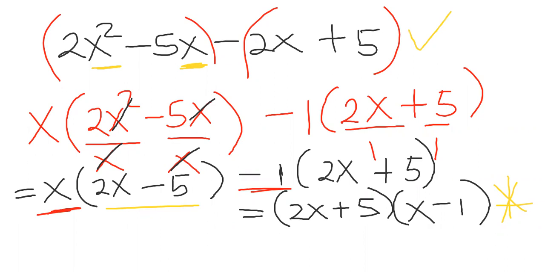So if we expand this 2x plus 5 multiplied by x minus 1, we should get this. If we don't get that, it means what we have done is wrong. So if you have time, maybe in your exams or your test, you can quickly cross-check your answer to see if what you got will give you the initial expression that you were given.